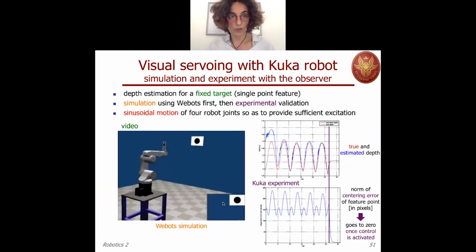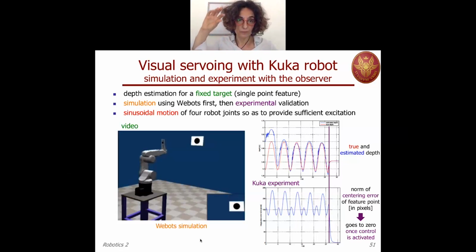So first the simulation, and here you see that there is a first phase in which there is a sinusoidal motion of the robot that is used to provide the sufficient excitation needed for depth estimation.